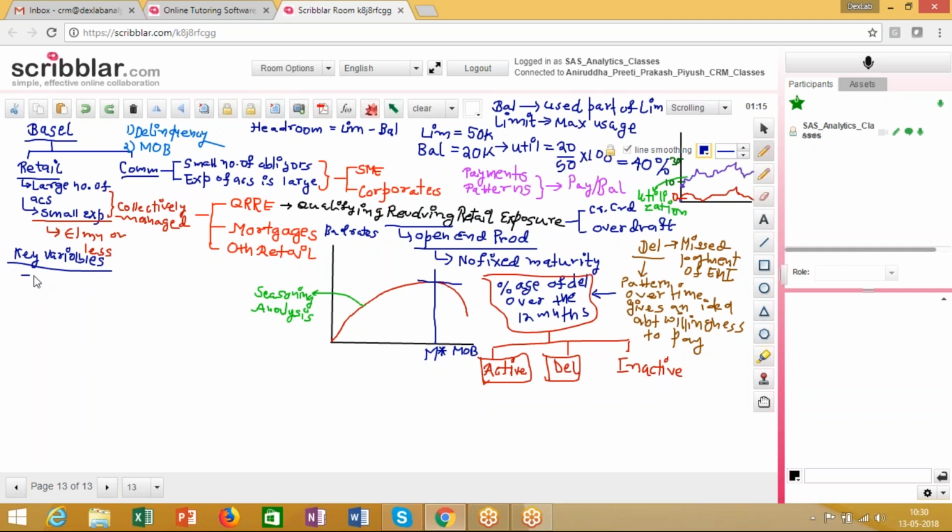One very important variable that I have over here is balance. The other that I have is limit. The third that I have is payments.